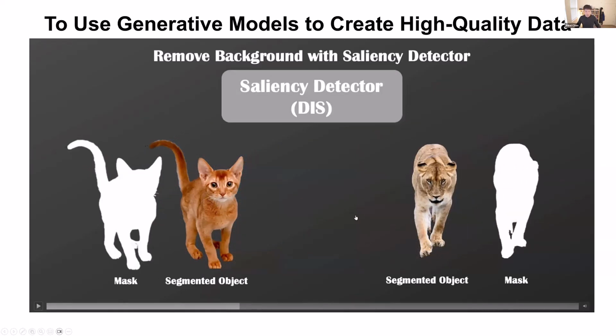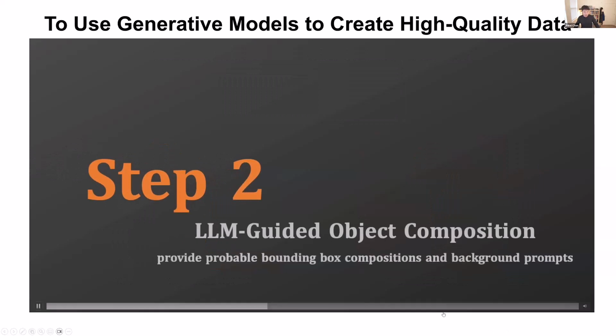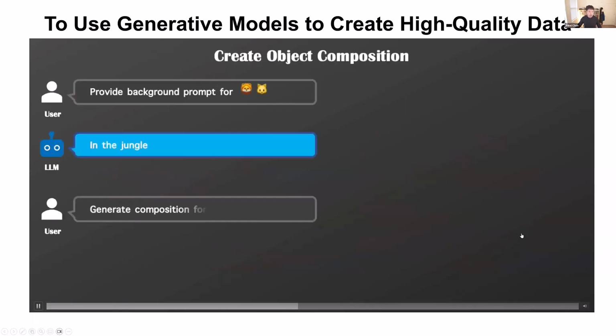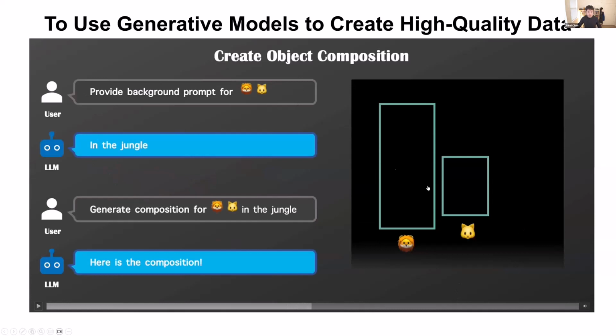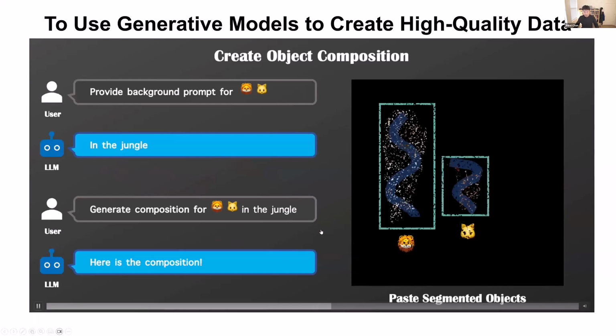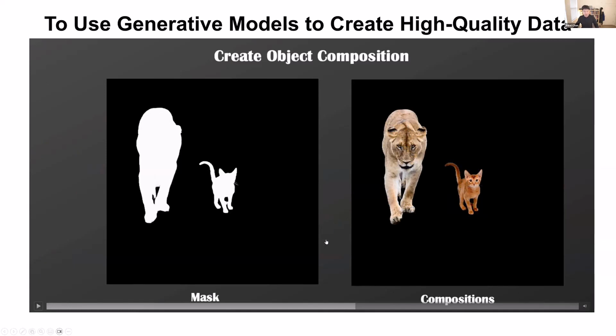and also the mask. And in step 2, we're going to use a language model to compose these two objects, right? And propose the composition map for these two objects because they are different sizes, right? So we want to make sure that when we compose them, it's in a reasonable configuration, right? So not a tiny lion and a big cat, right? Further, we also want to use the language model to propose a reasonable scene for these two objects to co-occur together, right?